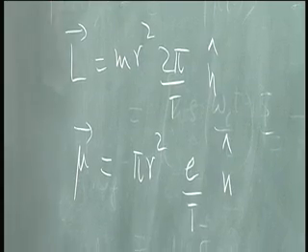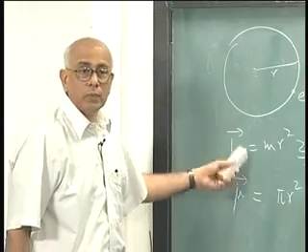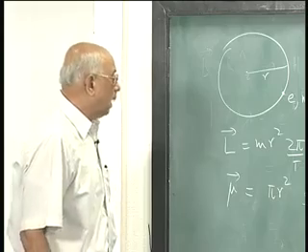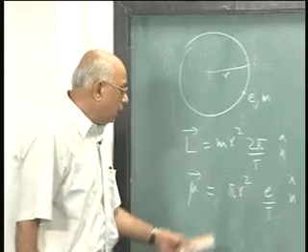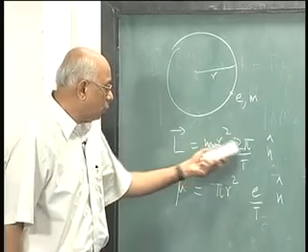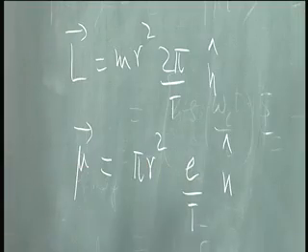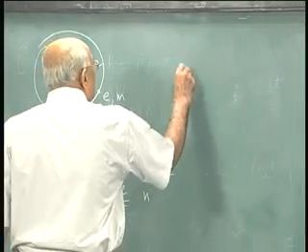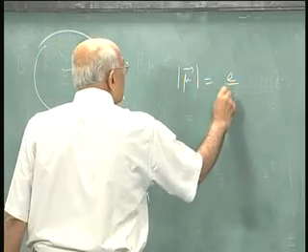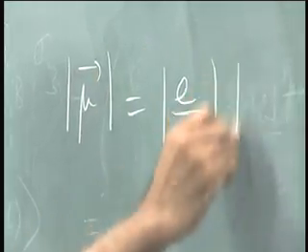So this gives you a relation between L and mu. The gyromagnetic ratio, not surprisingly, is e over 2m. There is a 2m factor here and there is an e here, so e over 2m is the gyromagnetic ratio. Mod mu equals e over 2m mod L.